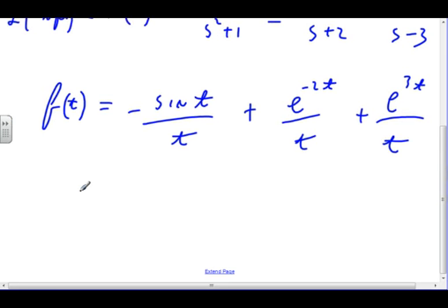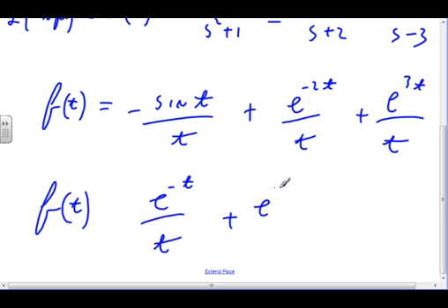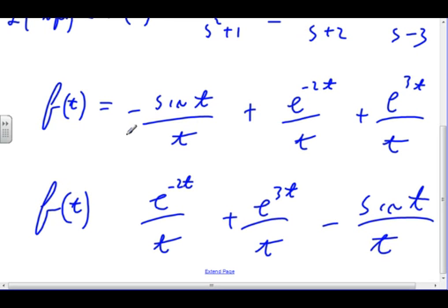And then I'd rewrite my final answer because I normally don't want a negative sign first. I go e to the minus 2t plus e to the 3t minus sine t over t, because I wouldn't want the first term to be negative. Spelling issue.